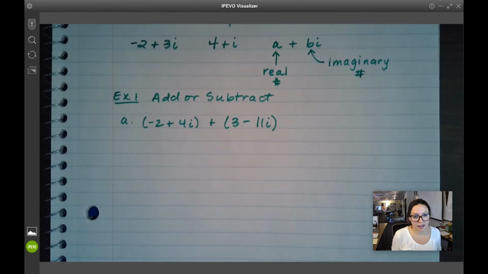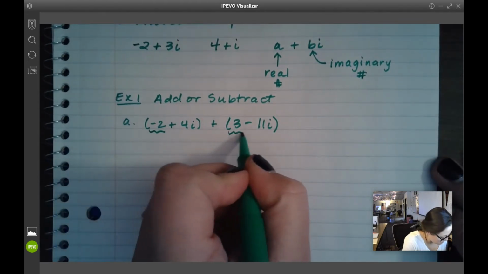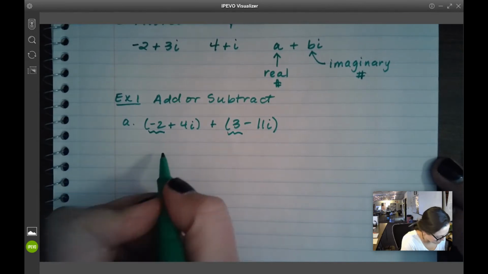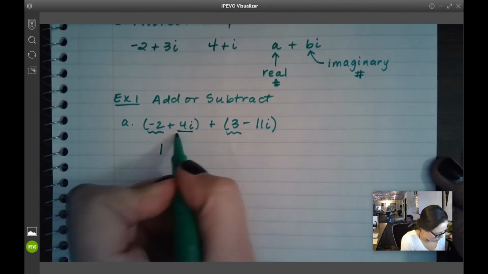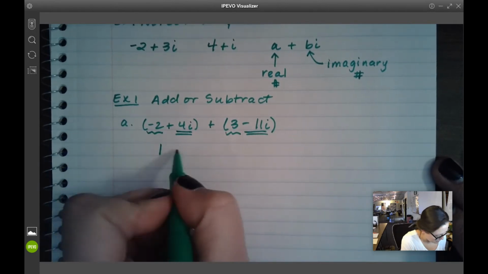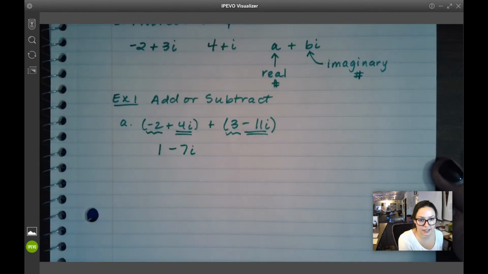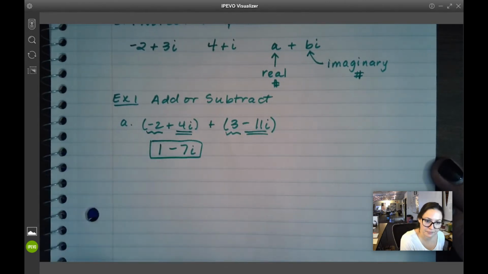So you are going to add the real numbers together and you are going to add the imaginary numbers together. So I would do -2 plus 3, which gives me 1, and 4i plus -11i gives me -7i. And that is literally it. That's all you got to do.